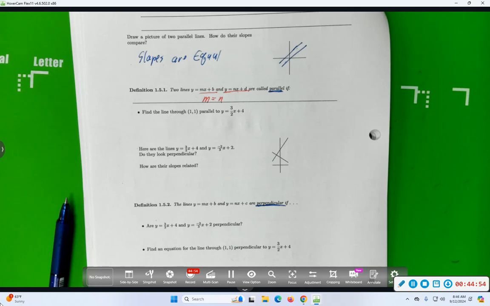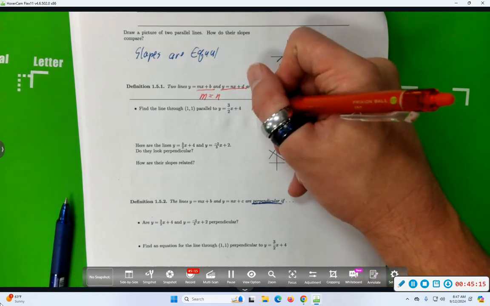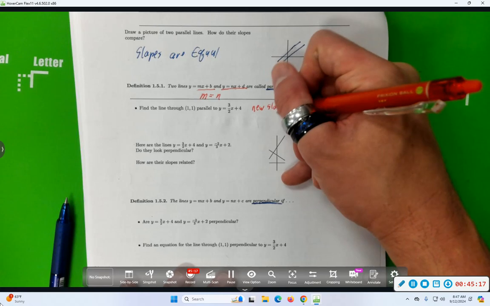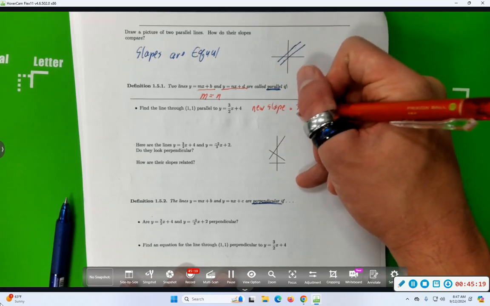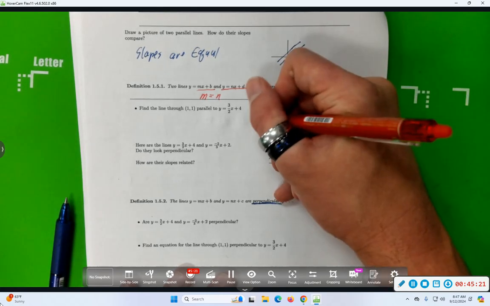Do I know a point on the line? Do I know the slope of the line? What is the slope of this new line going to be? 3/2, same as the one I already have. So this new slope is 3/2. I have a point on the line.